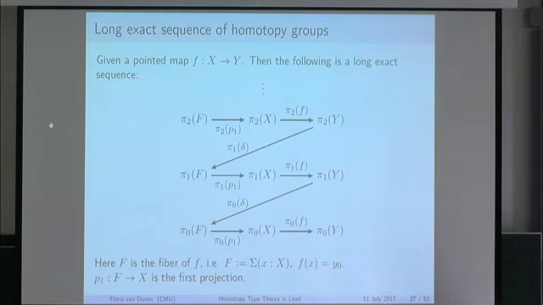We get maps between them, which makes this an exact sequence, which means that the image of any map is equal to the kernel of the following map. This relates the homotopy groups of the domain of f, the codomain of f, and the fiber of f, which is a type we've seen before. The maps are the induced action of f on the homotopy groups, for example. Then this is the induced map of the projection from the fiber to X, and this delta is a mysterious map we construct in the proof.